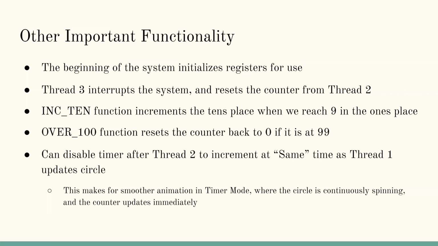And we can also disable the timer after thread 2. This can be done for the purpose of visual appeal mostly. Thread 1 will continue to update in a circle with a slight pause from the timer in between each segment of that.